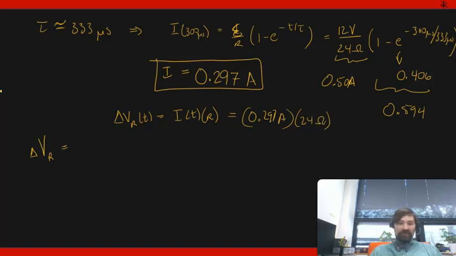And so what we end up getting is about 7.1255 volts. Properly speaking, I've given enough information here to probably have two significant figures. So probably this term here should have been rounded to 0.30 amps rather than 0.297 amps.